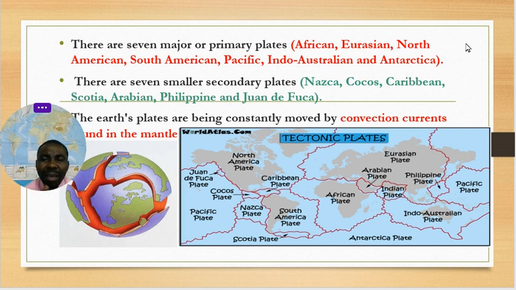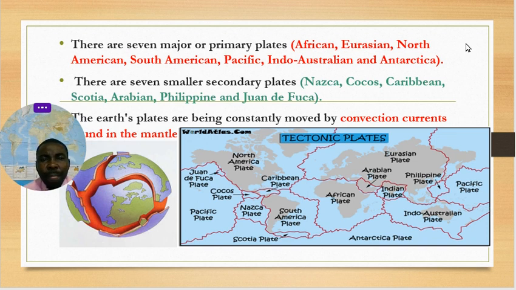So these are the seven major plates, and they are named after the continents. Okay, so these are the seven major or primary plates.